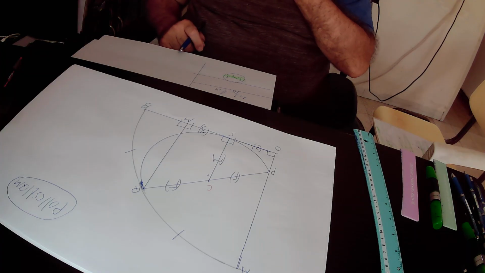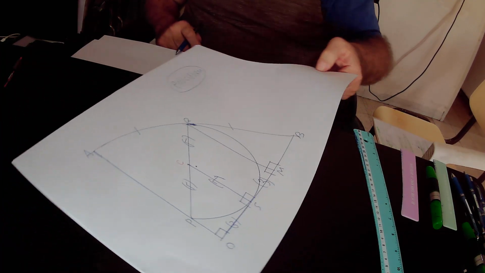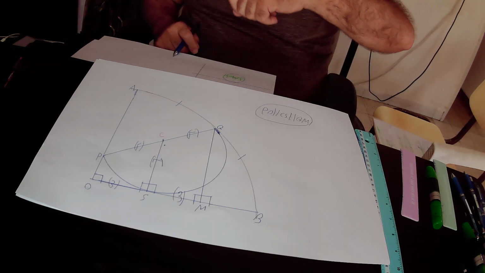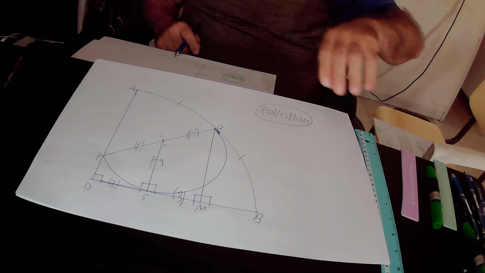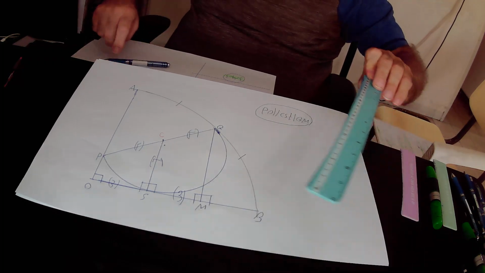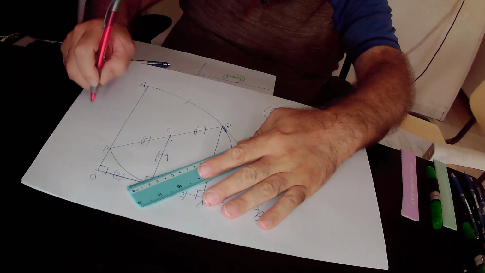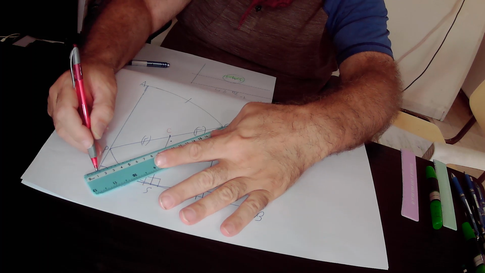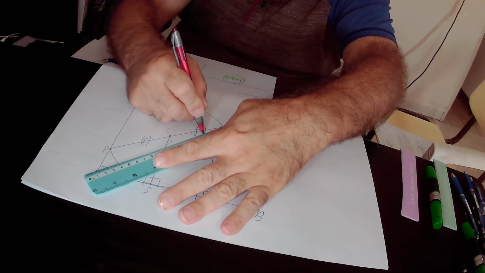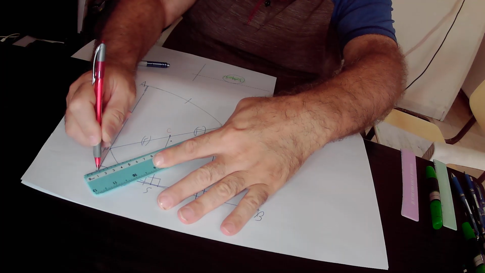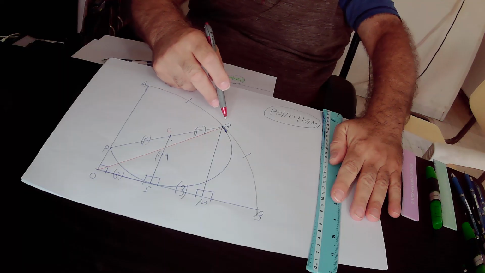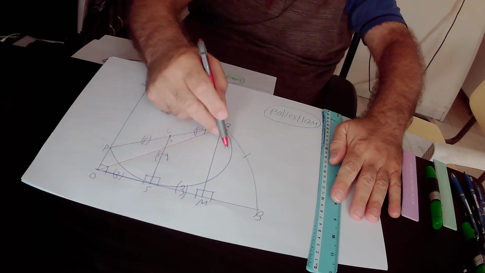In the next step, we join points O and Q together by a straight line. By joining points O and Q, we create a right triangle QOM.